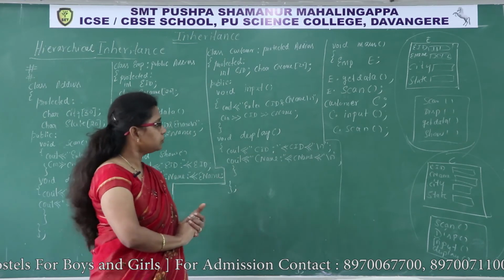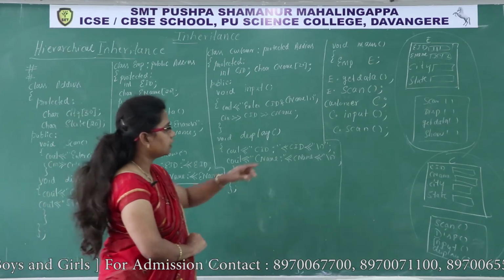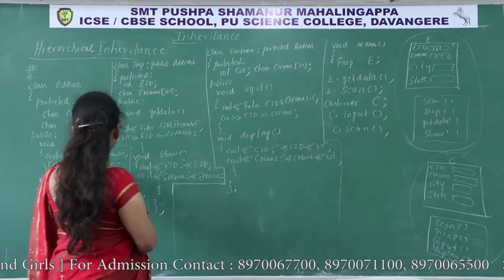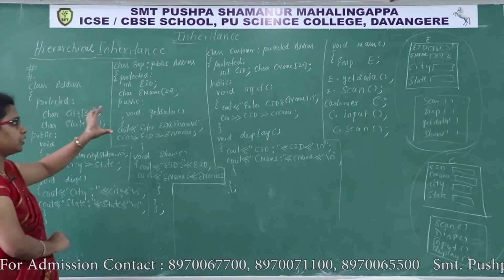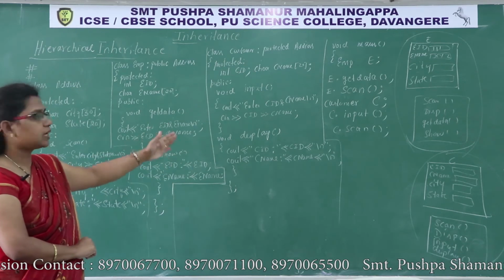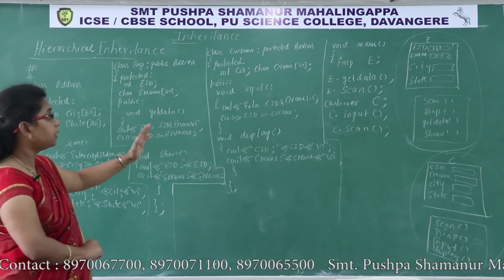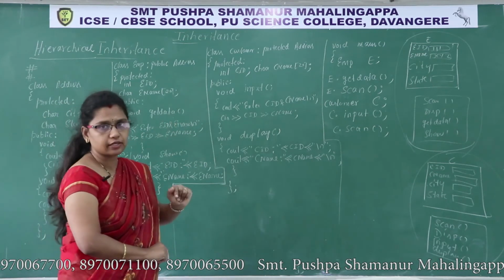Understood? So C.scan. The scan function is a member function of the base class, isn't it? So of course it is inherited by the derived class, the customer class. But where is it in the customer class? In the protected section.